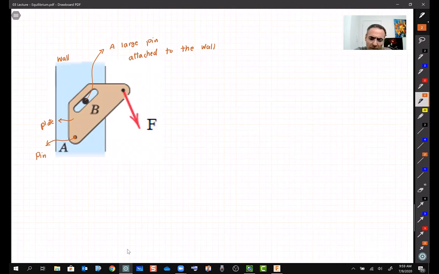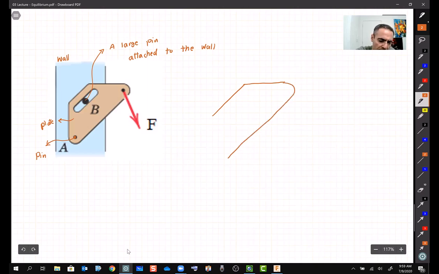So now, if I draw the free body diagrams, we are almost done. So let me draw it over here so it doesn't get messy. Okay. So the free body diagram then is going to be AX, AY, and here we have these slot things, right?